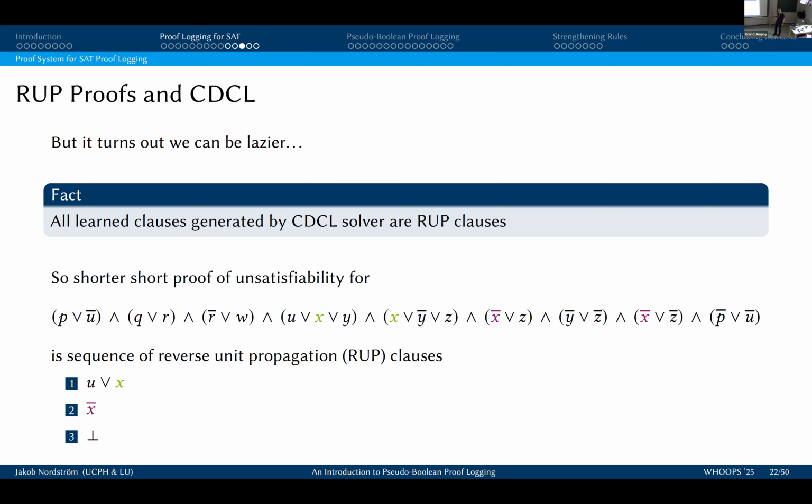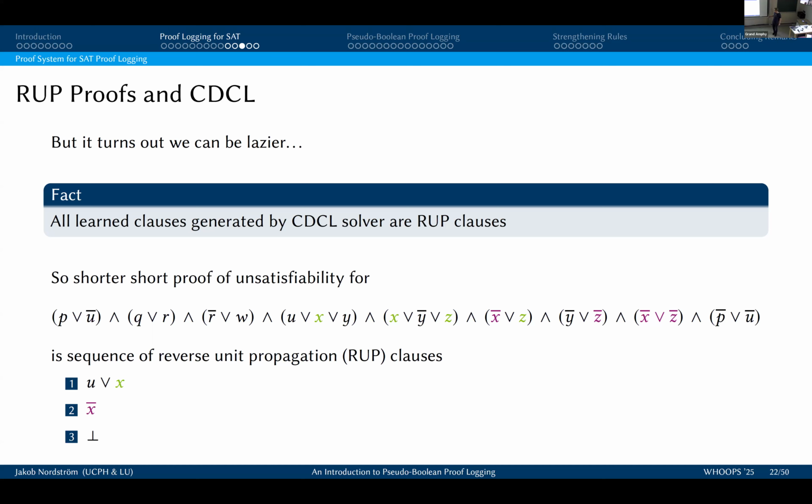Next, I assert not X to false. That means setting X to true. Well, setting X to true propagates Z to true, which violates this clause. So I know now that this clause also follows from the formula. And now I'm done. Now I'm claiming contradiction by reverse unit propagation. What does it mean to do reverse unit propagation on the negation? It means doing nothing, because claiming the opposite of contradiction is claiming truth.